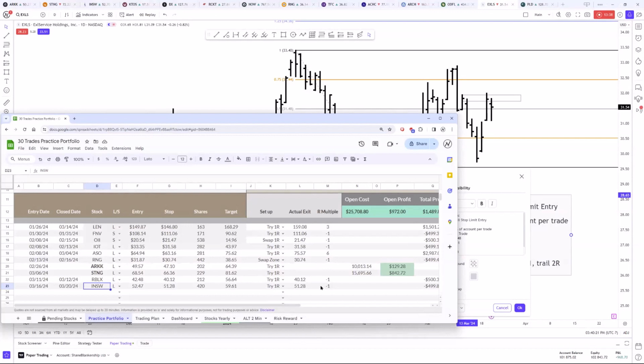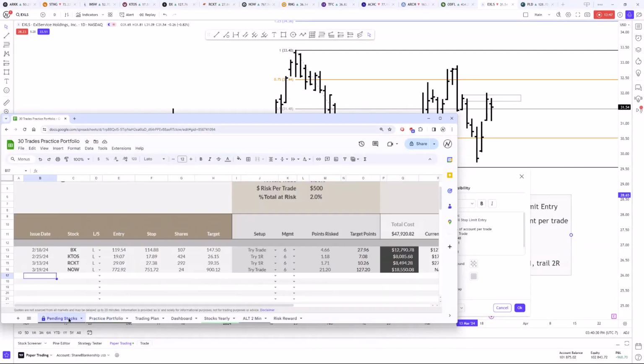So you can see the trading, right? Loss, loss, loss, loss, loss, loss. 6R, 3R. Get used to losing. All right, so EXLS. Today is 320. All trades are planned ahead of time. There's no trying to be Johnny on the spot.